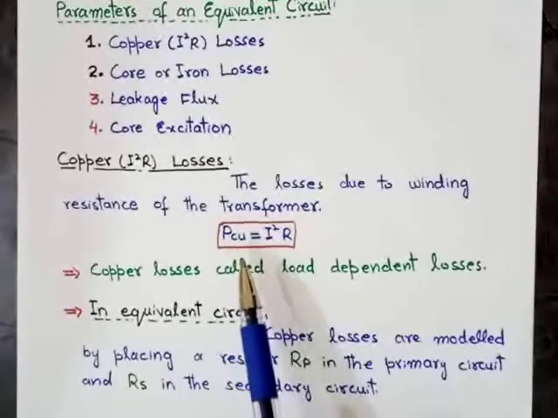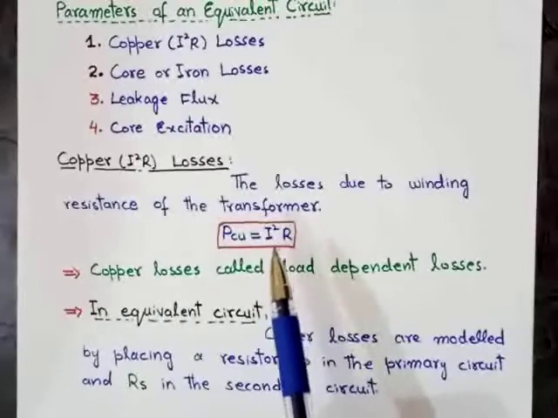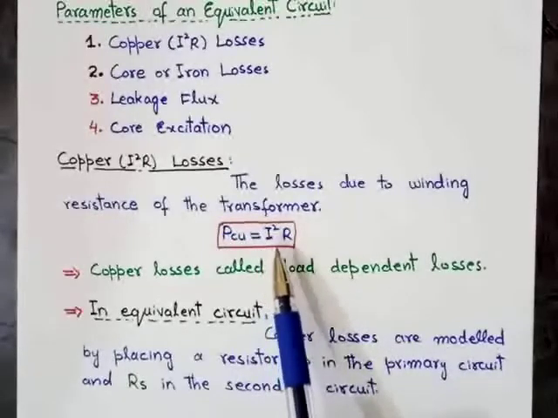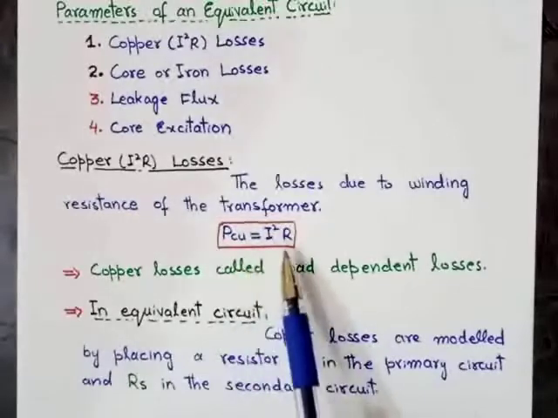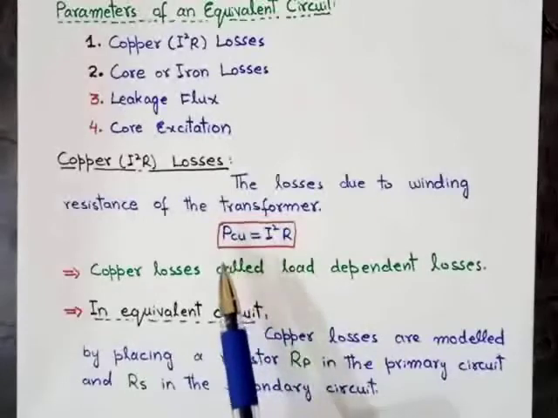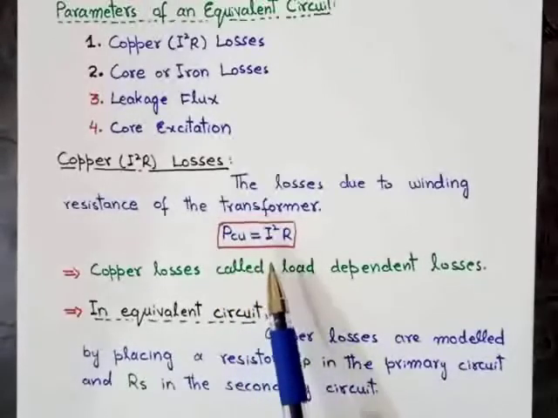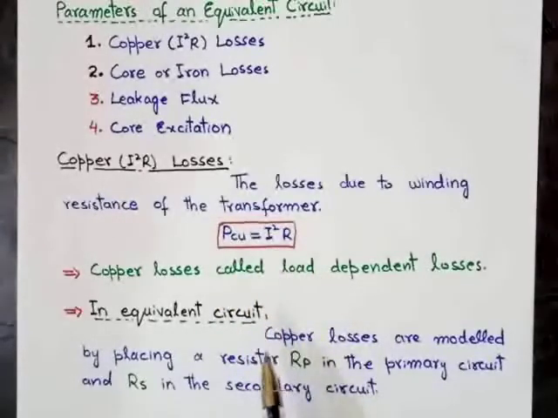The relationship between the internal resistance of the winding and the copper losses is directly proportional. So in an equivalent circuit, we will show the copper losses with Rp in the primary circuit and Rs in the secondary circuit, because there are two windings in the transformer.